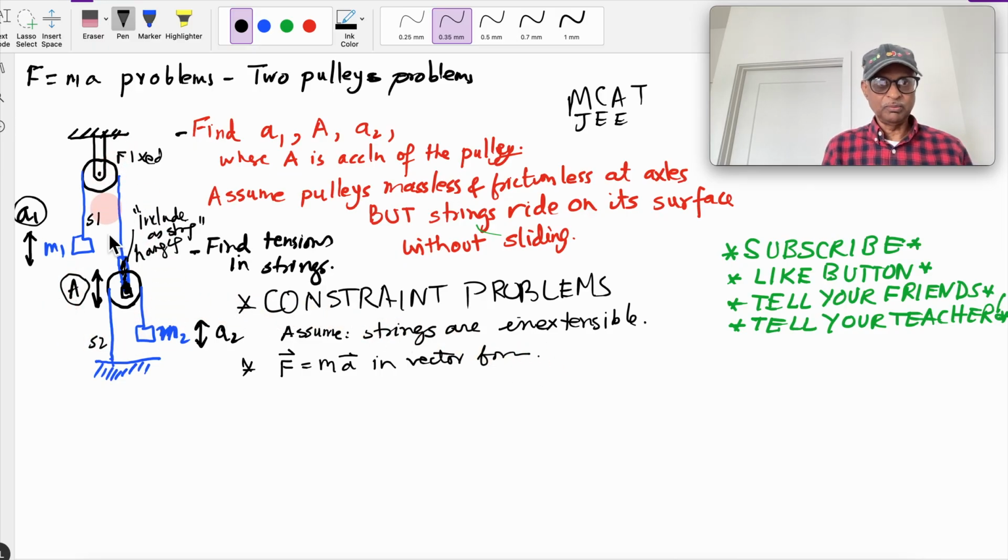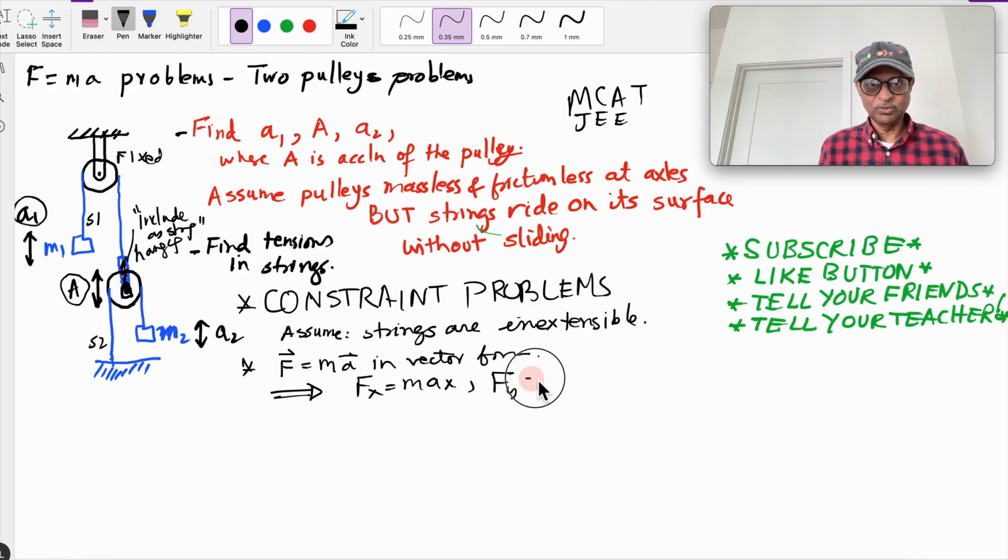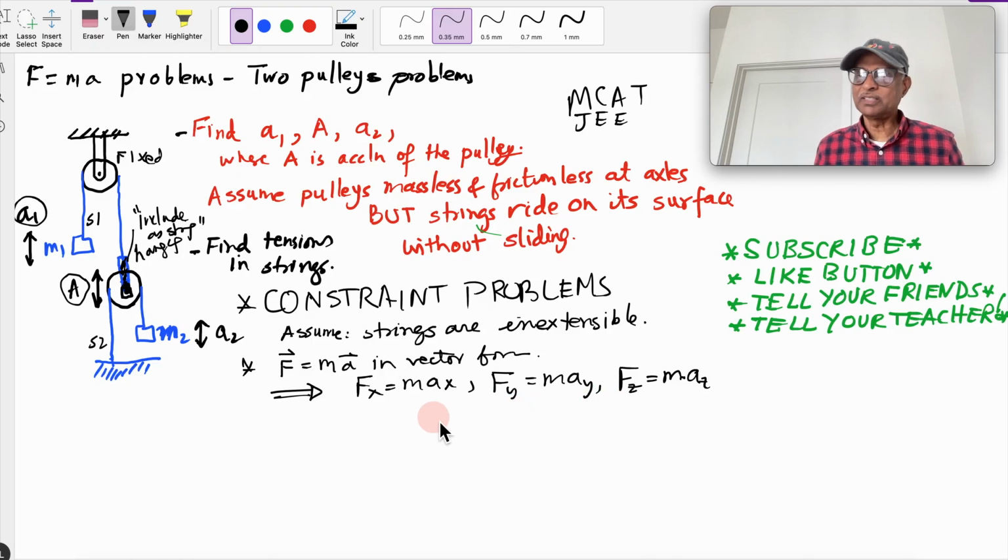So one way to do it is thinking of this as Fx equals max, Fy equals may, Fz equals maz. This is important thinking here. Of course, this is important in almost every physics problem. We have done several in this series already. So this is very important. Here we're just going to be dealing with this.